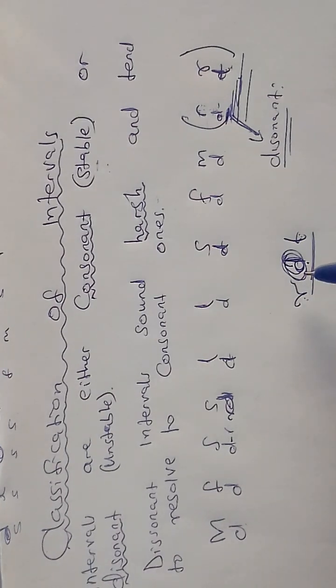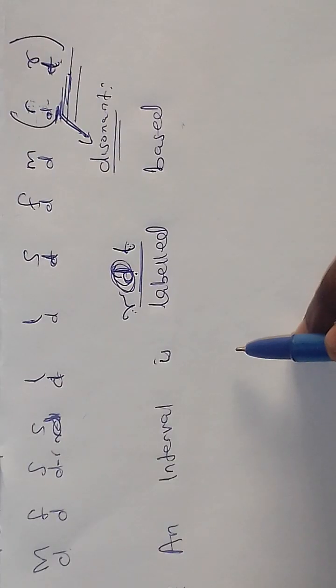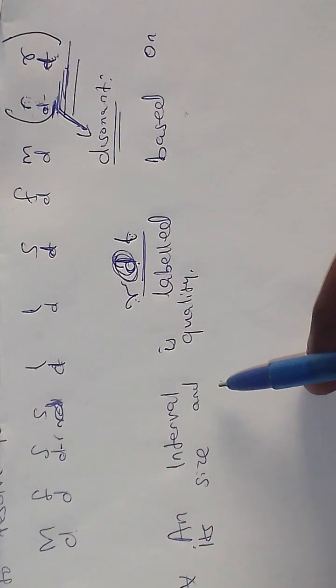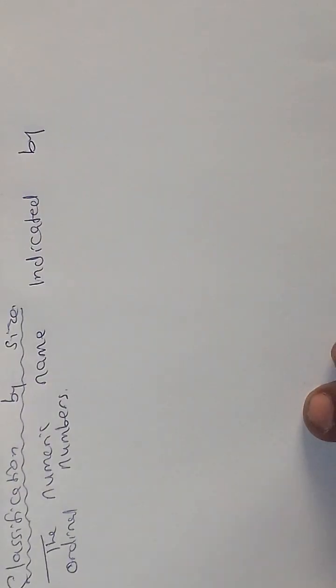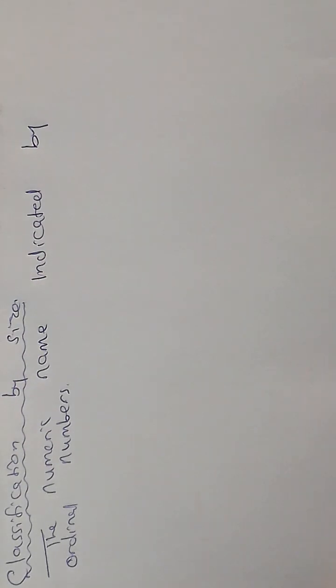Let's see the classification of intervals by the size. And this is what we have exactly done when we said that the intervals can be labeled by the numeric name indicated by ordinal numbers. Ordinal numbers are 1, 2, 3, 4. So we can have second, third, fourth, fifth, sixth, seventh, eighth.